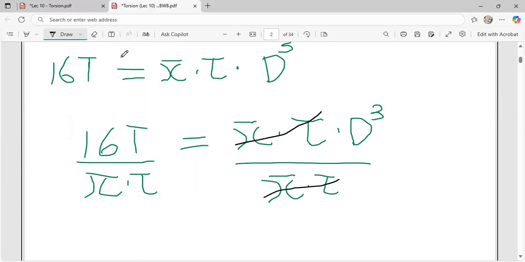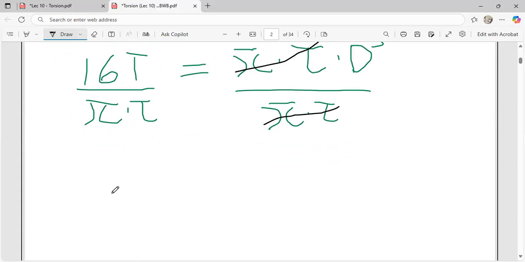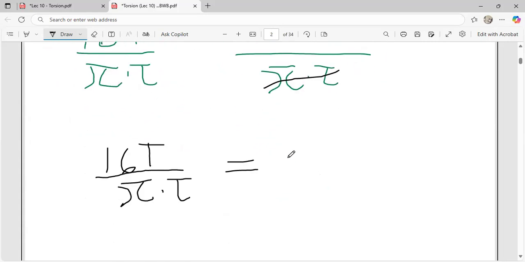Finally our relation is going to become 16T all over pi tau is equal to the diameter cube.